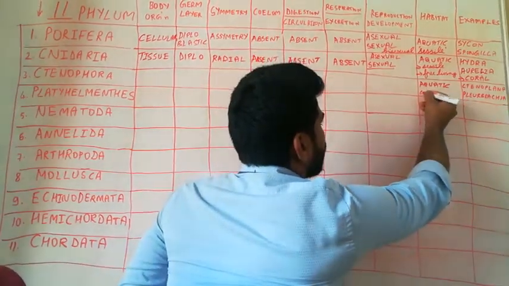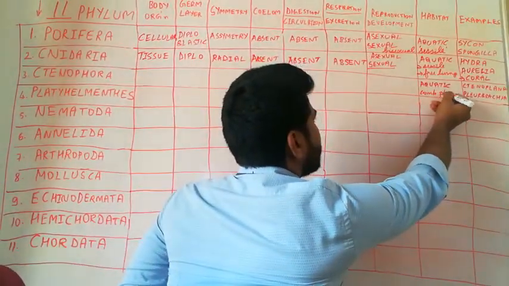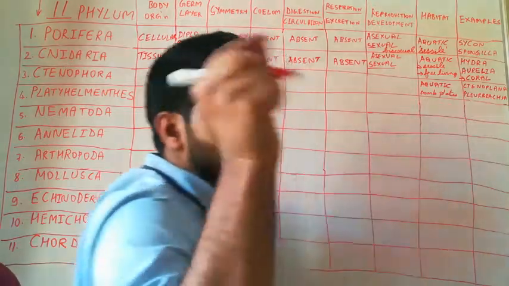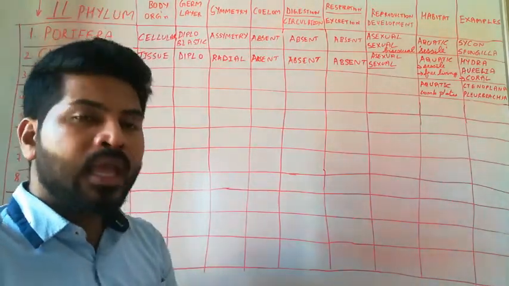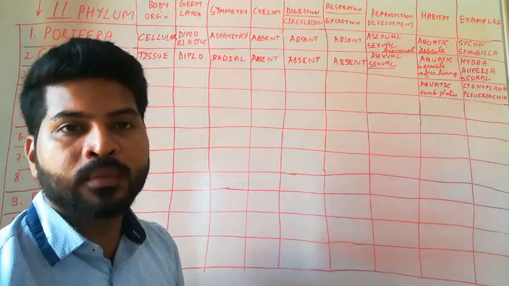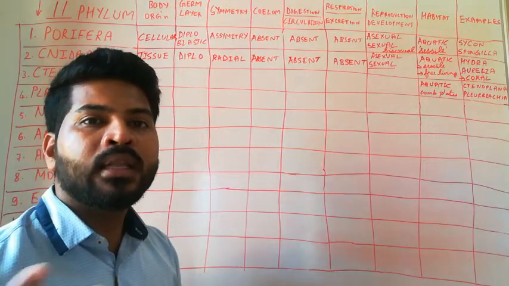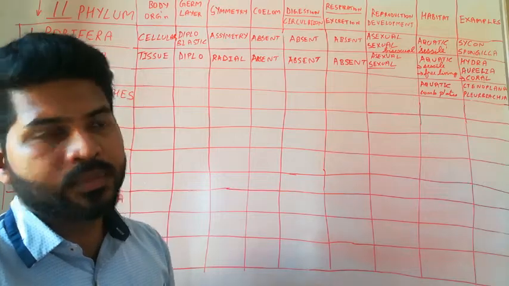So comb plates can be seen as 8 distinct rows on the body. These comb plates help in locomotion as well as in capturing the prey.